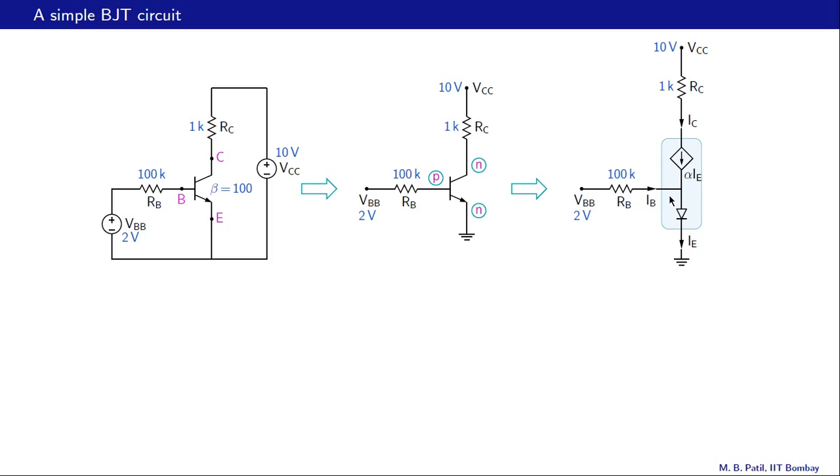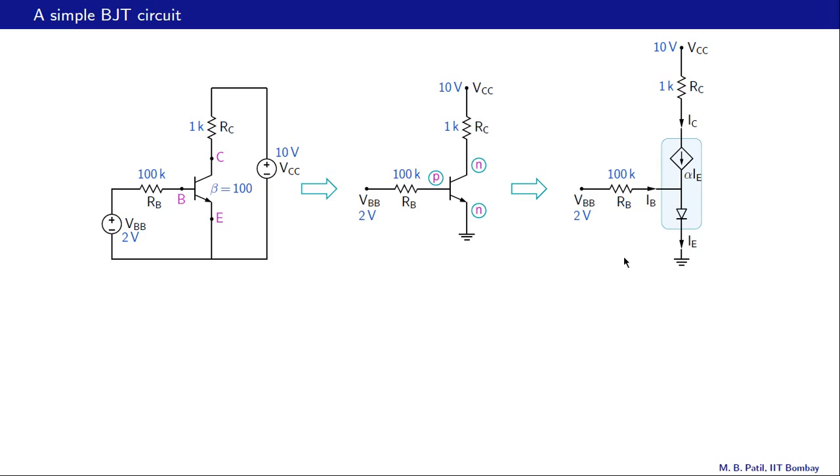Between the base and emitter we have this diode, and between the base and collector we have the controlled current source that we have seen before. And if this current is IE, then the collector current is alpha times IE. And now we can proceed and obtain the solution for this circuit.